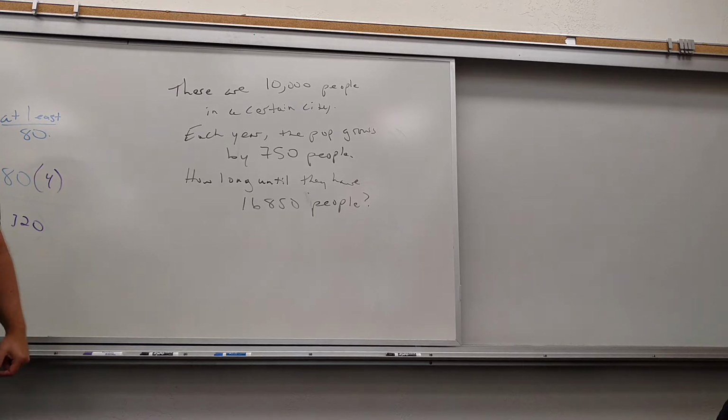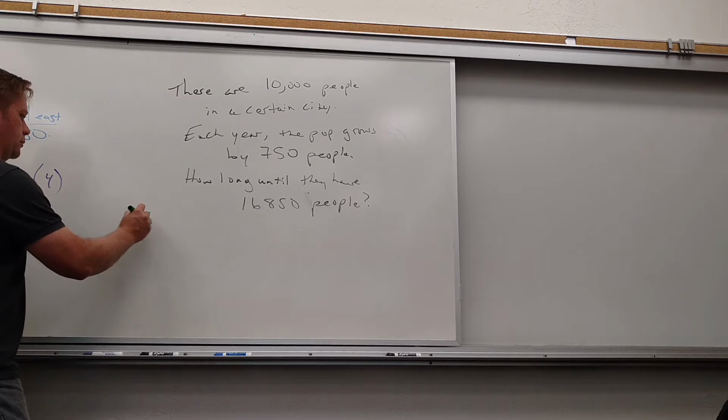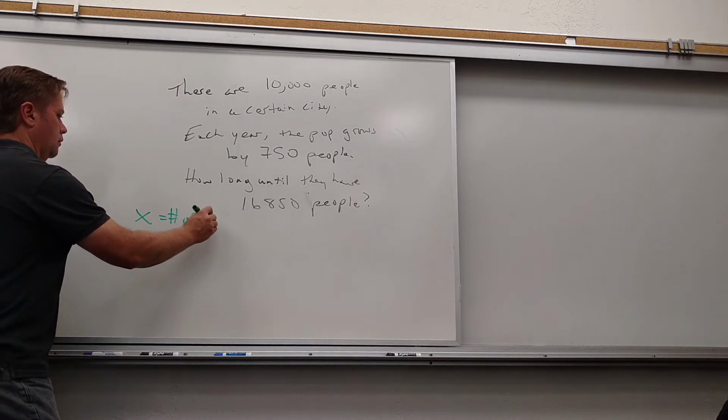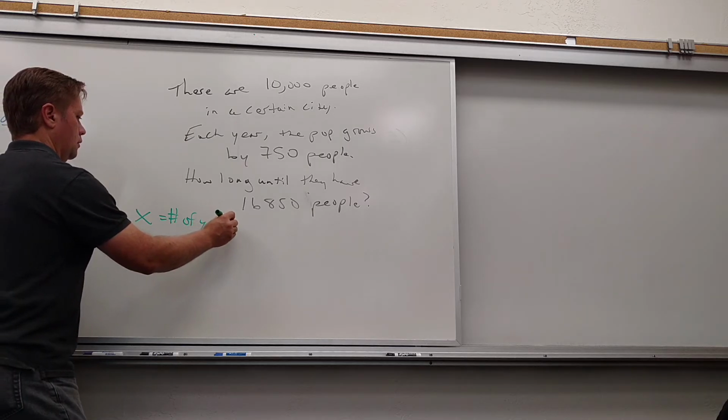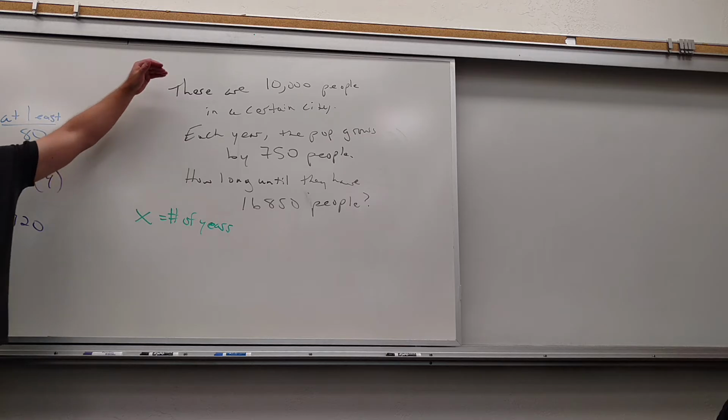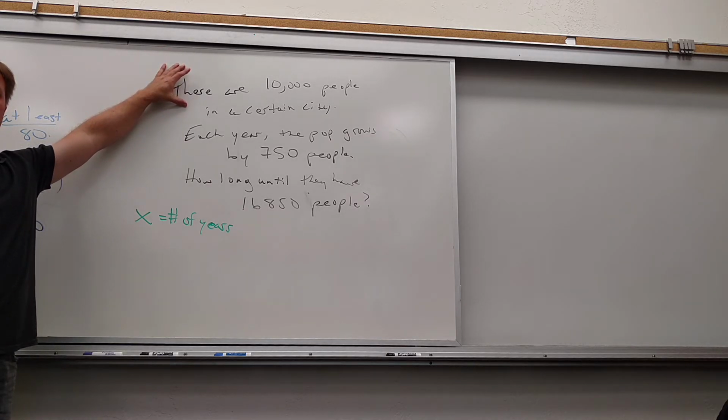So what's my unknown? Yeah, how long? And that's measured in what? In this problem? Years. So X is going to represent number of years. And then how do you set this problem up? You start with 10,000 people.